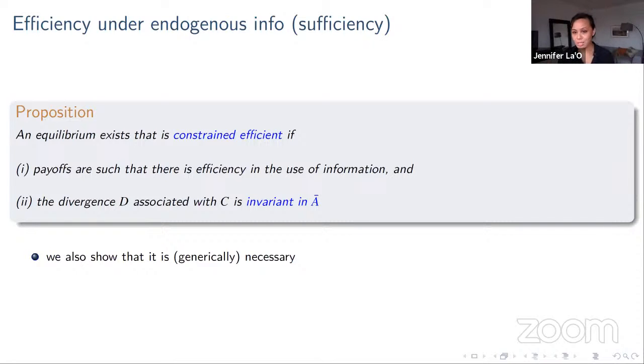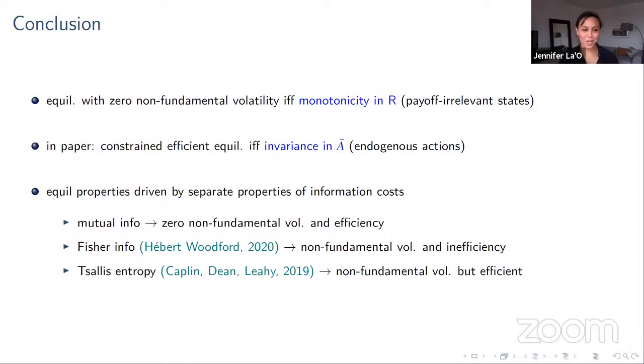So basically that happens to be the property of the cost function such that if we all do our own thing, it happens to coincide with what the planner would want us to do in terms of information acquisition. Okay, so that's our paper.